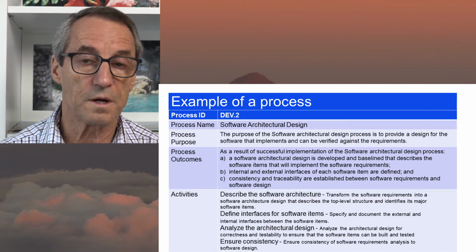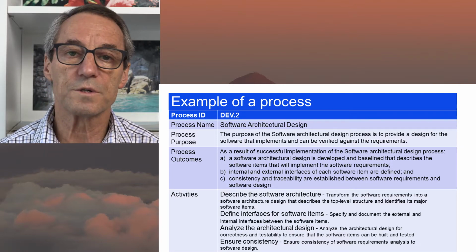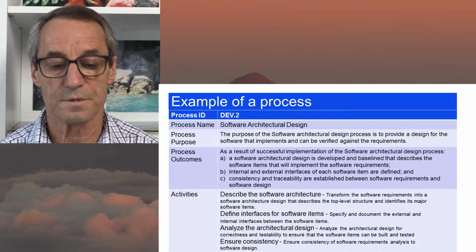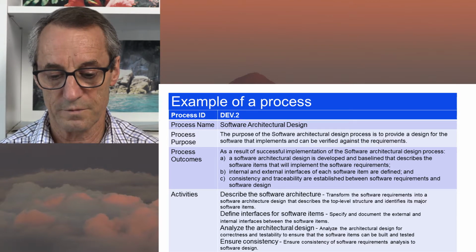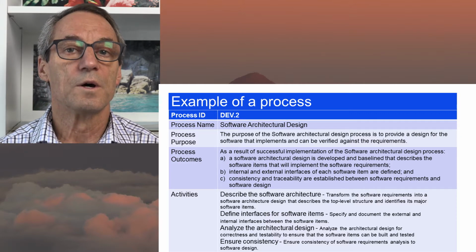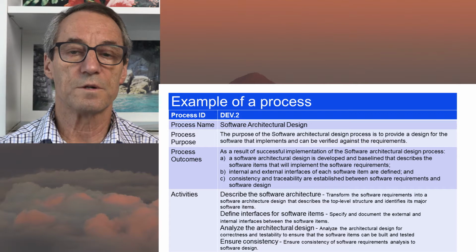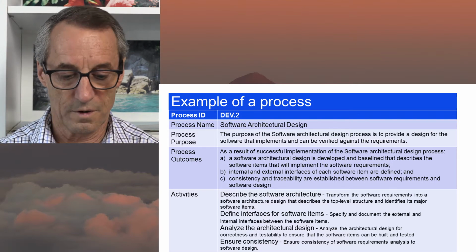So analyze the architecture, evaluate it, or do something about that, and ensure consistency. This is your traceability. So this is the official process from ISO 12207 about what you do for a software architecture design. You may do something different.